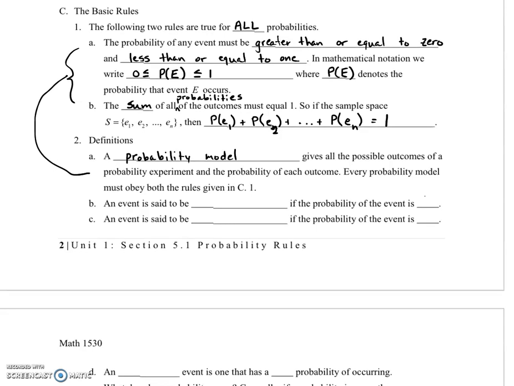If the probability of an event is 0, we say it's impossible. That means it's never going to happen. An event that is certain has a probability of 1.